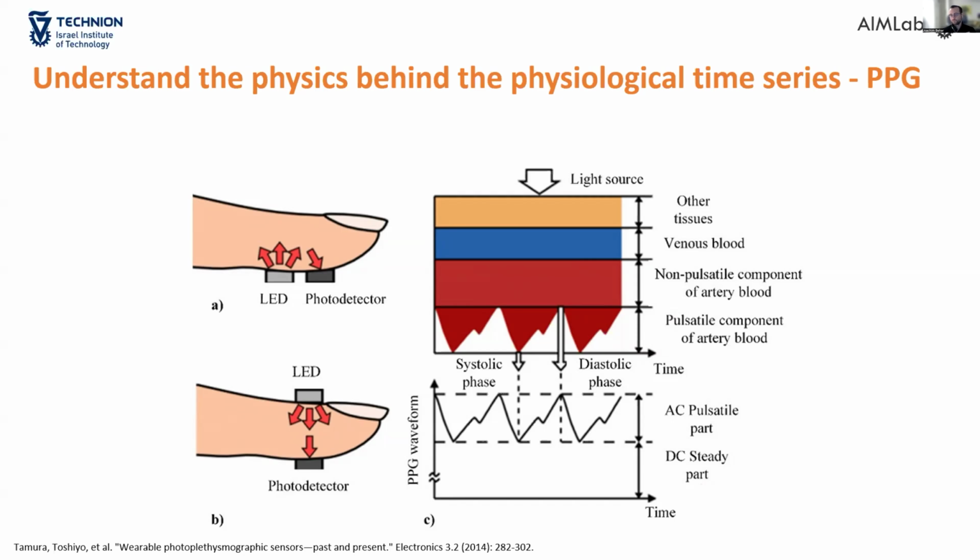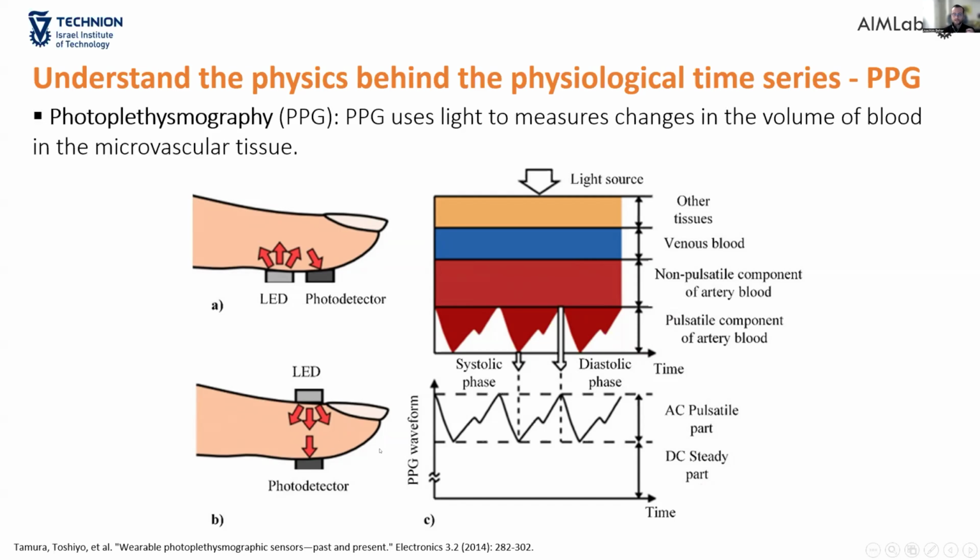You need two variables, two LEDs at two different wavelengths in order to estimate this SpO2 ratio of oxygenated hemoglobin over overall hemoglobin. So that's why in oximetry signals, you will see that there are at least two LEDs placed on the probe of the oximeter.